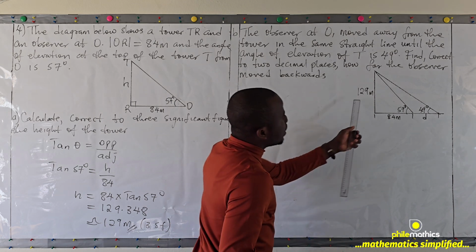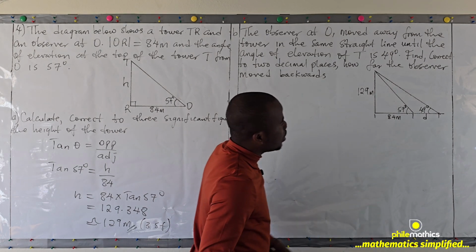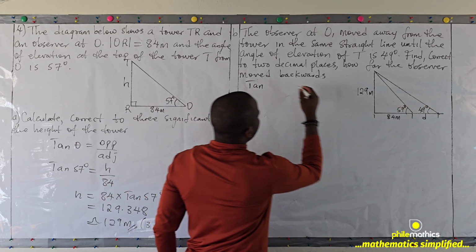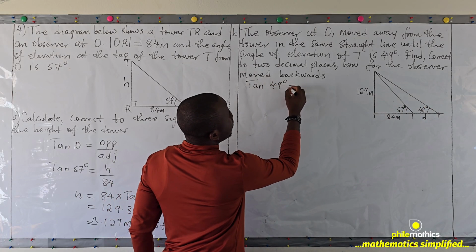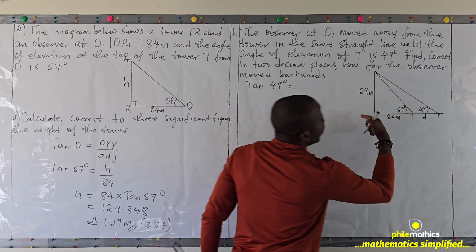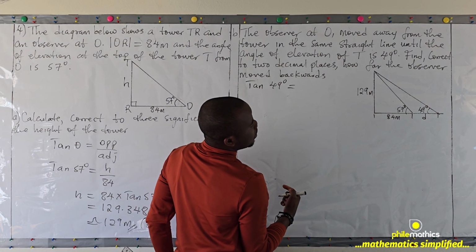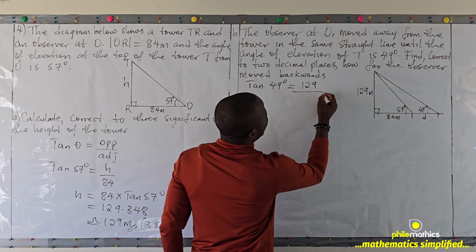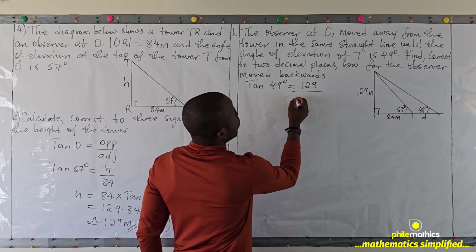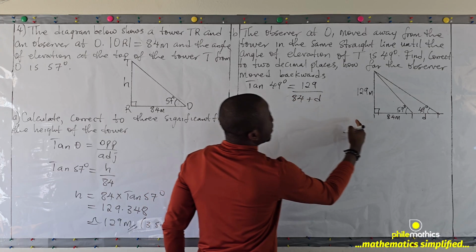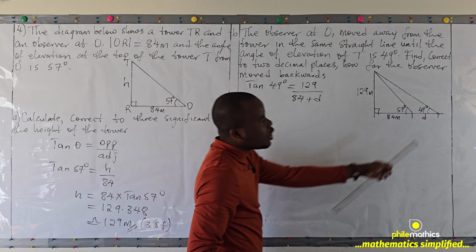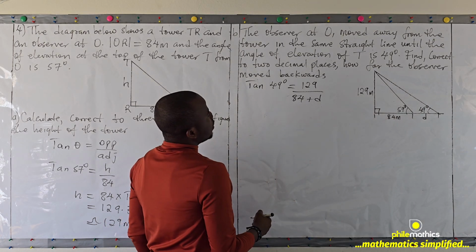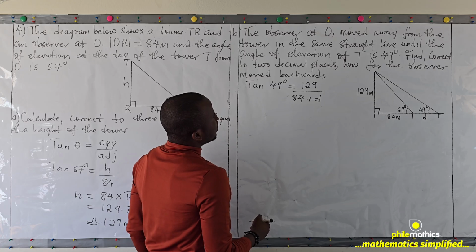Now, we'll still use tan theta to find what D is. And recall again, tan, let's use 49. Remember, it is opposite over adjacent, which is 129 over 84 plus D. That's the length of the whole, since we are using 49 degrees and no longer 57 degrees. And so this is how we'll go about looking for what D is.